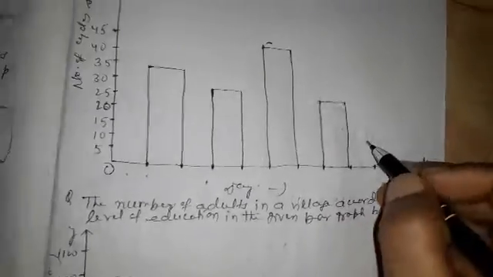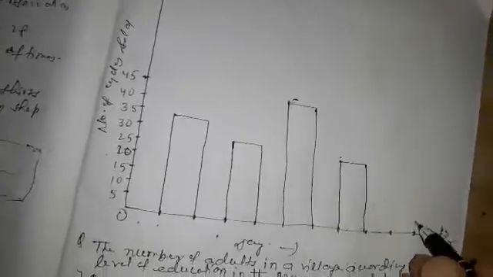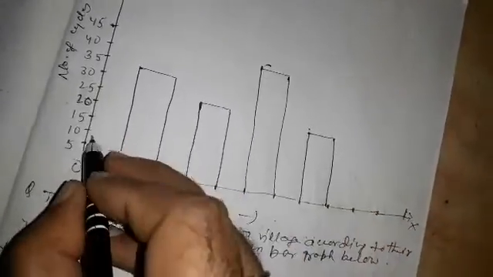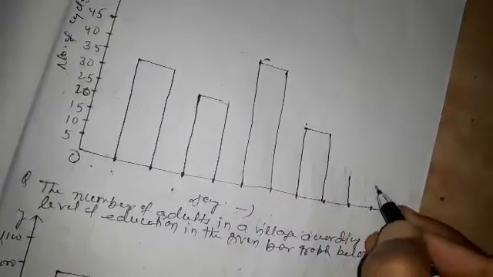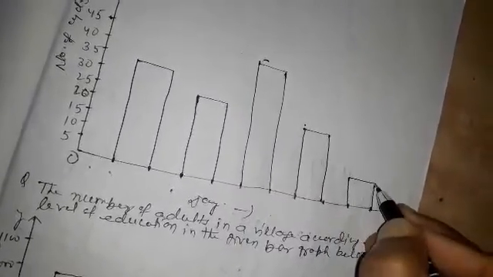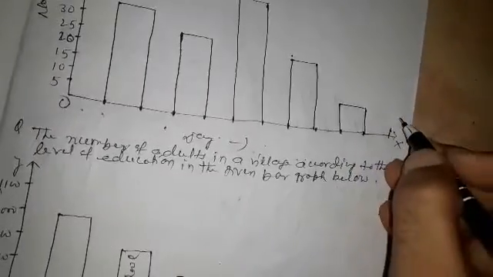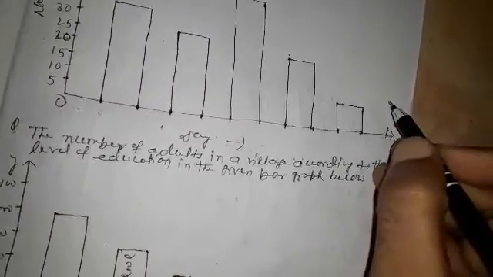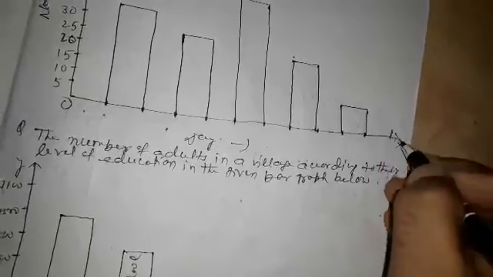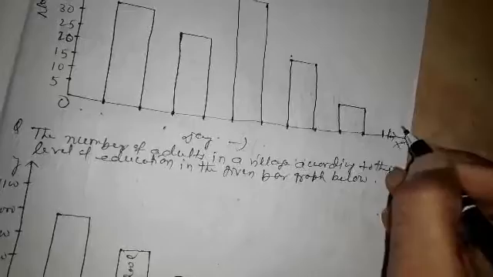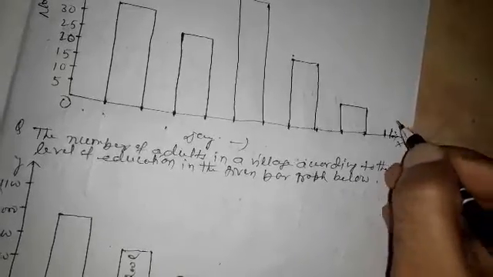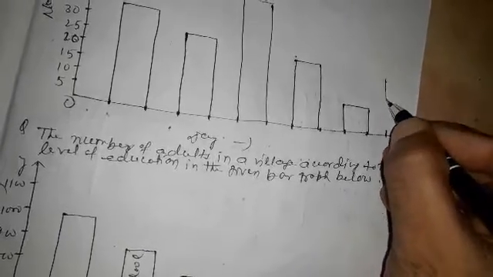On Friday, 10 cycles are sold, and on Saturday 25 cycles are sold.